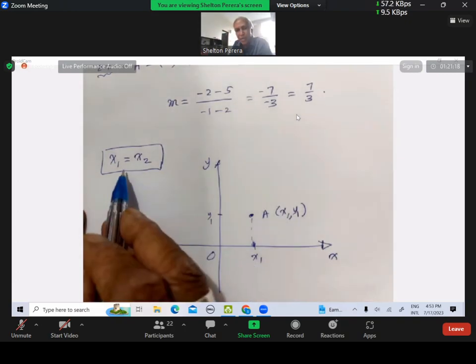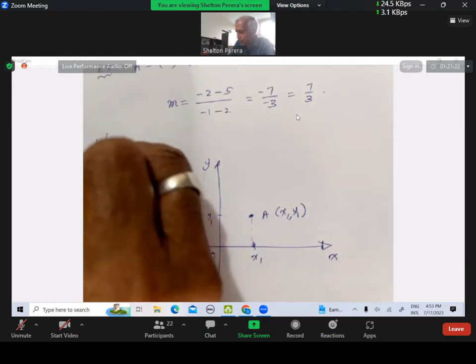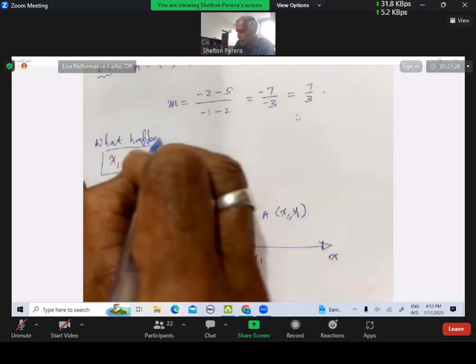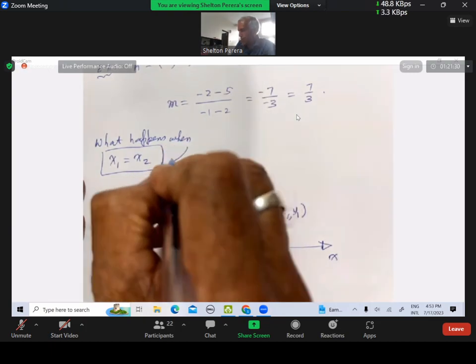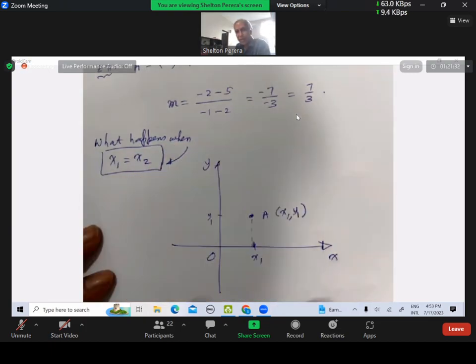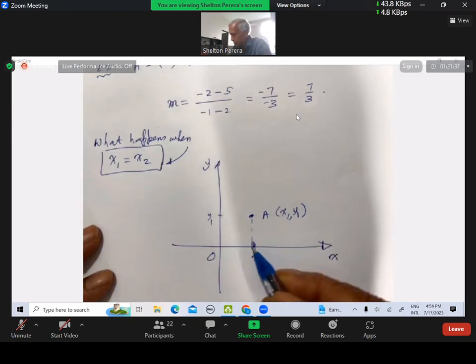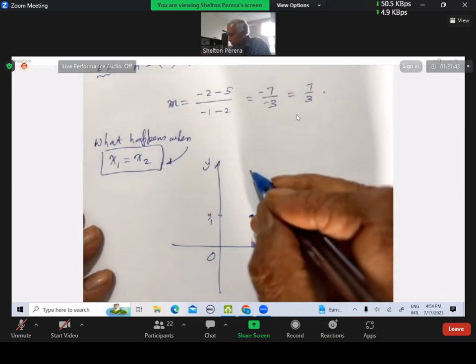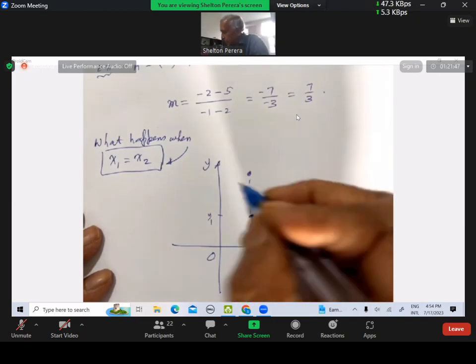Now we are under the condition that x1 is equal to x2. Here is the diagram. This is x1, y1. x1 and x2 are equal, so the point x2, y2 must be on this vertical line, with the same x coordinate.